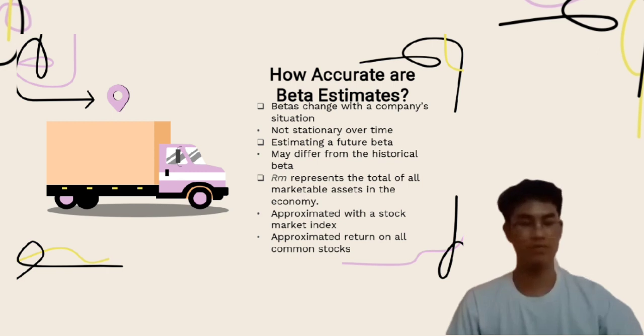Because yung past price movement, hindi siya ganun kaganda gamitin pang-estimate sa future beta. And it is only approximated with the stock market index and the return on all common stocks. It means na close lang siya sa actual pero hindi siya masyadong ganun ka-accurate.